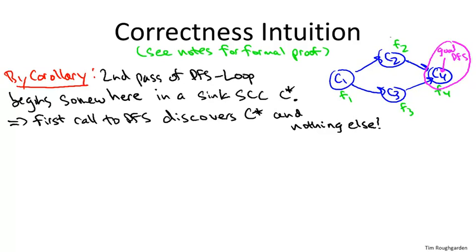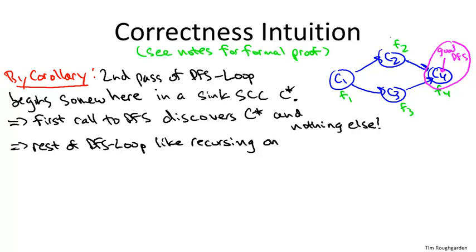We're doing depth-first search from scratch on a smaller graph, on the residual graph. The graph G with this newly discovered strong component C star deleted. So in this example on the right, all of the nodes in C4 are dead to us, and it's as if we run DFS anew just on the graph containing the strong components C1, C2, and C3.